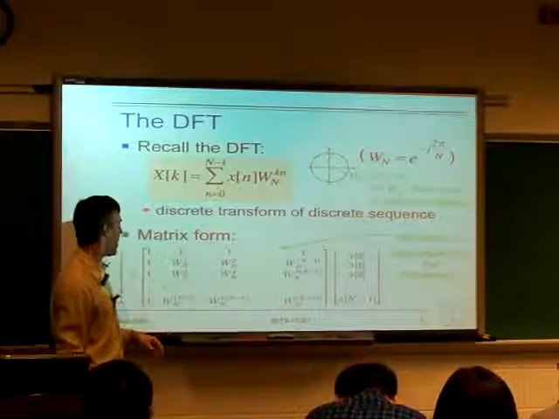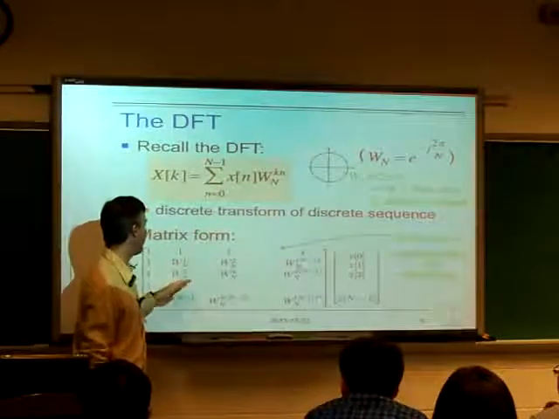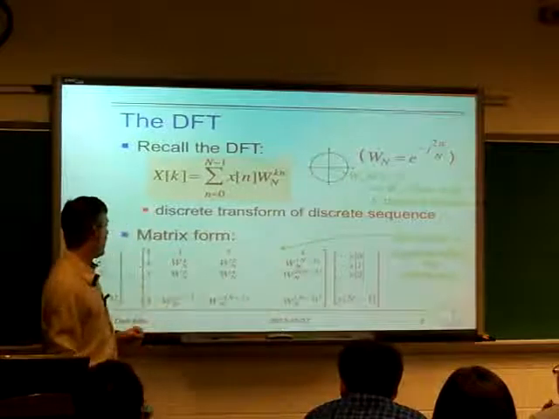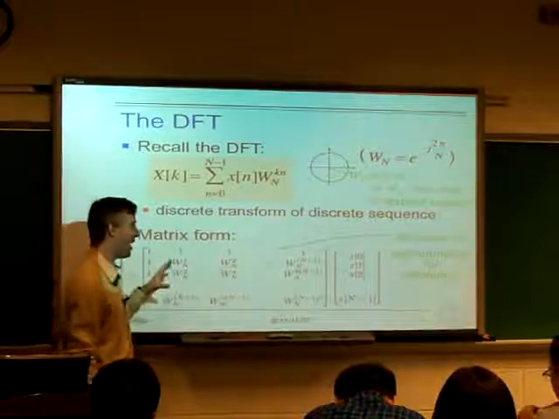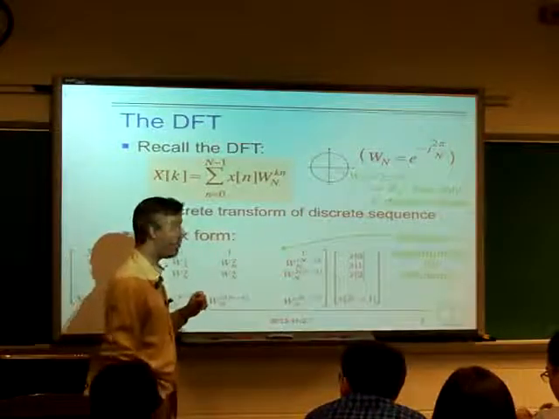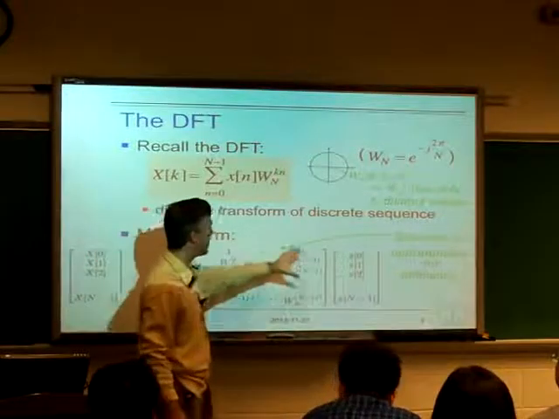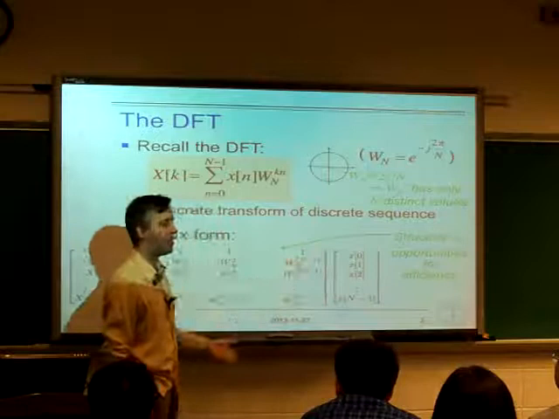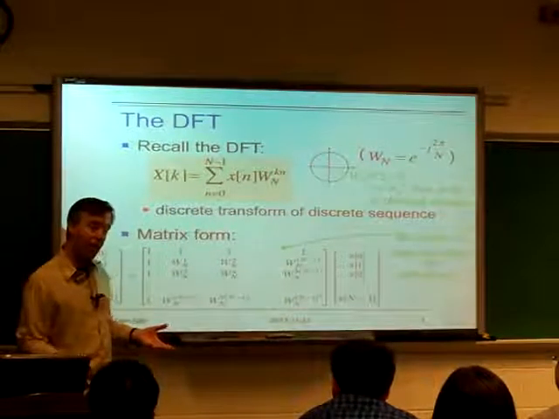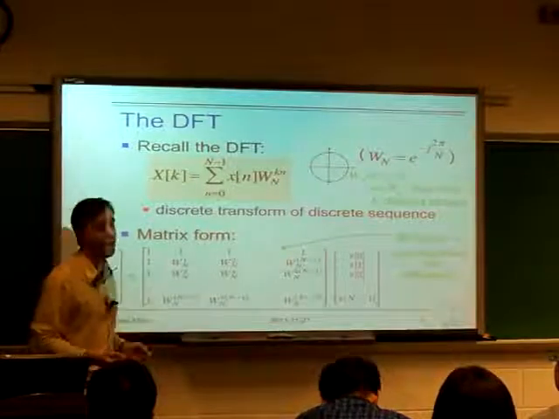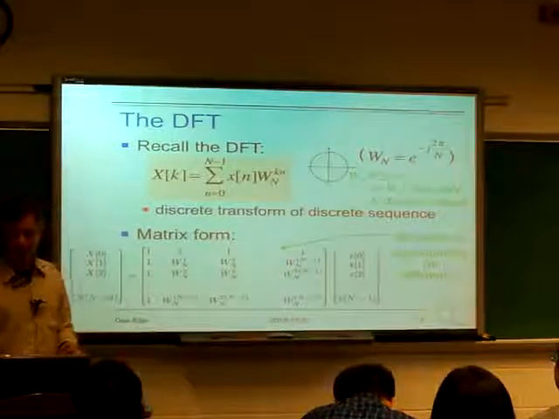And when we write it out like this, again, we see a lot of structure, that we see these anti-diagonal values which are the same. It's just a hint that there may be some way, because in here there are a lot of values which end up being the same, so maybe we don't have to calculate each one explicitly, but have some way of factoring the computation that will reduce the total number of multiplies we have to do. And that's exactly what the FFT does, but it's not obvious just by looking at it how to do that.